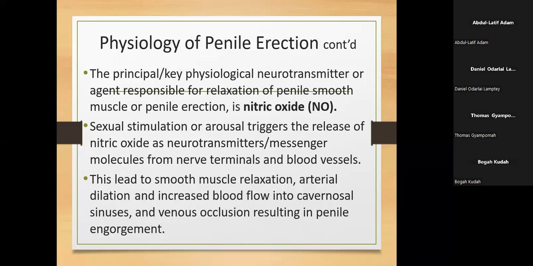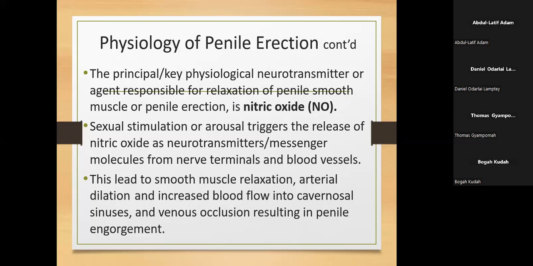So here you say the principal or key physiological neurotransmitter responsible for relaxation of penile smooth muscle, or penile erection, is nitric oxide. This is very, very important information.